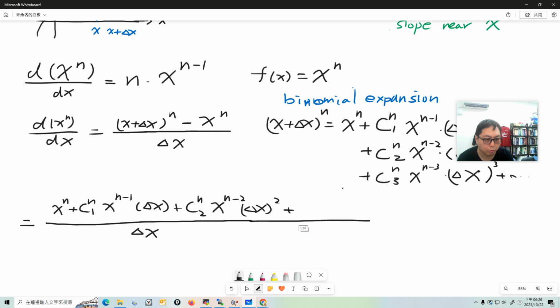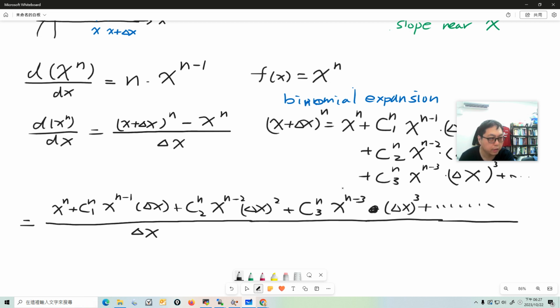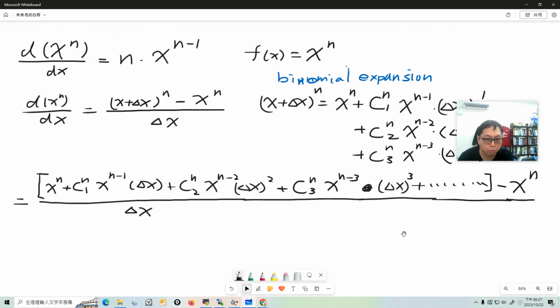Maybe I just write one more: x to the power n minus 3 delta x cubed. And finally, we want to subtract x to the power n. Don't forget this; this is f of x. We need to subtract x to the power n.